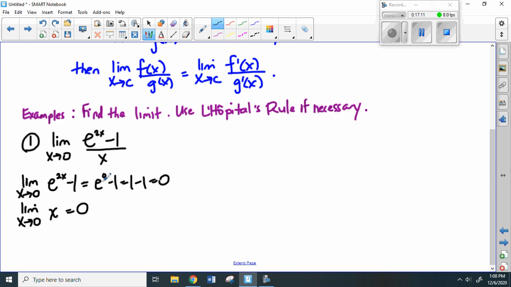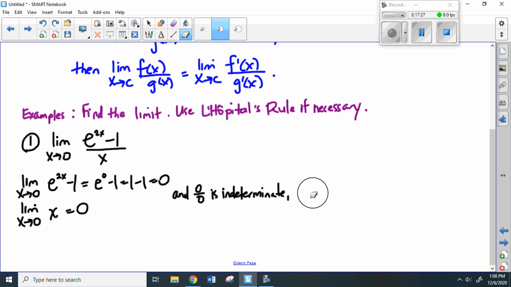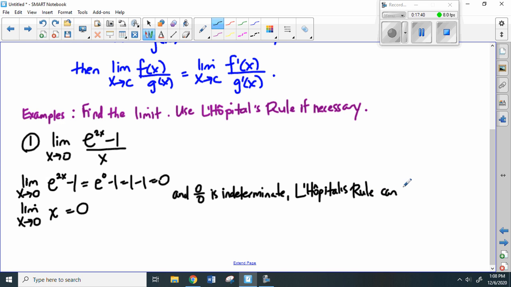And because both of those equal 0, and 0 over 0 is indeterminate, L'Hopital's rule can be applied.